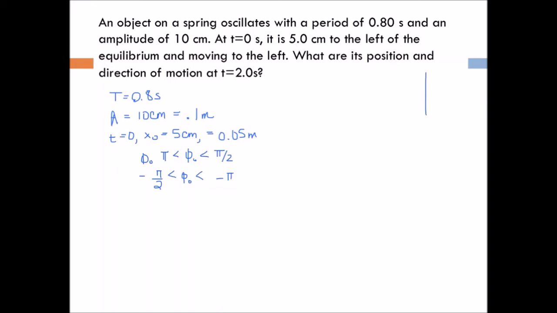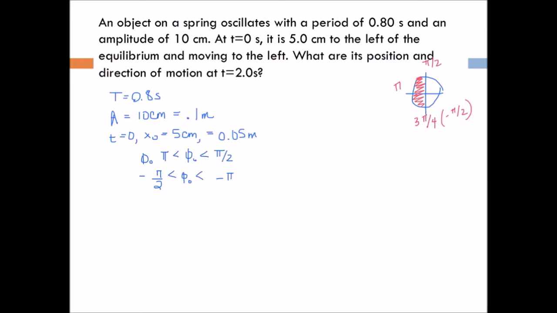So again, if this is our unit circle, and it is to the left of equilibrium, which is here in the middle, it has to be in either of these two shaded areas, which is pi over 2 to pi or pi to negative pi over 2. It has to be one of those two areas because it's to the left of the equilibrium.